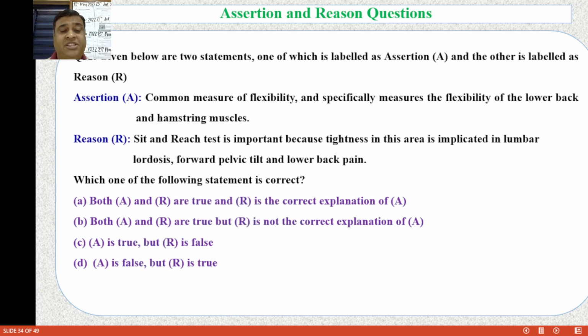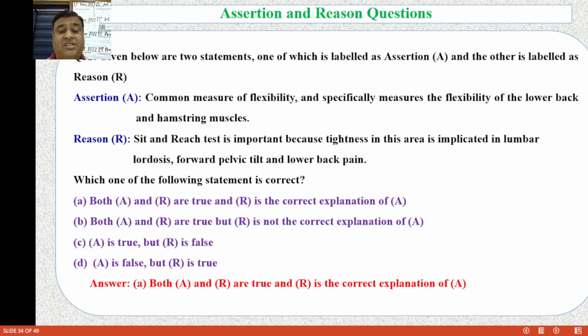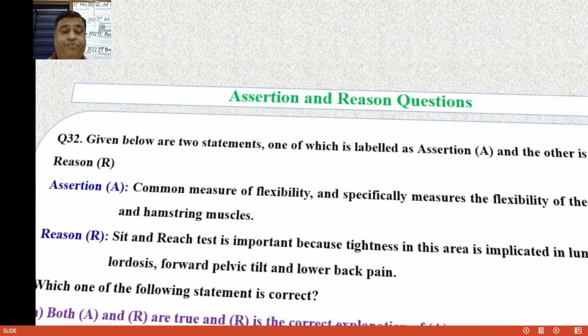Option A, assertion and reason are true, and reason is the correct explanation of assertion. Option B, assertion and reason are true, but reason is not the correct explanation of assertion. Option C, assertion is true, but reason is false. Option D, assertion is false, but reason is true. And the answer is A, both assertion and reason are true, and reason is the correct explanation of assertion.